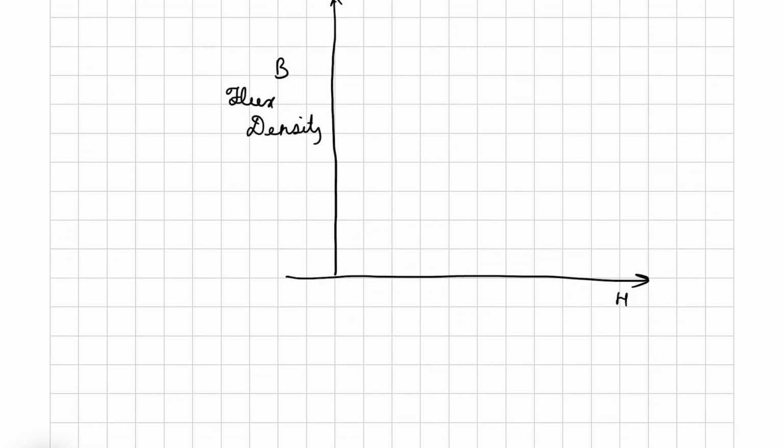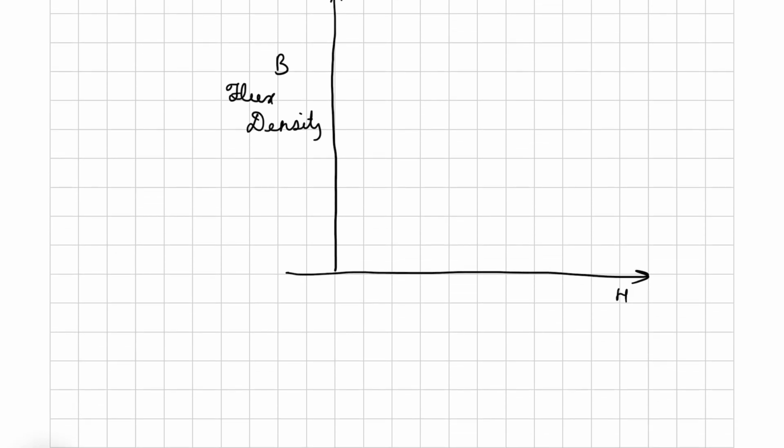Okay, so like we did last time, we start from zero magnetizing field. So you start from the origin, and in the beginning the curve is linear, but as you increase the magnetic field, you see the nonlinear behavior.